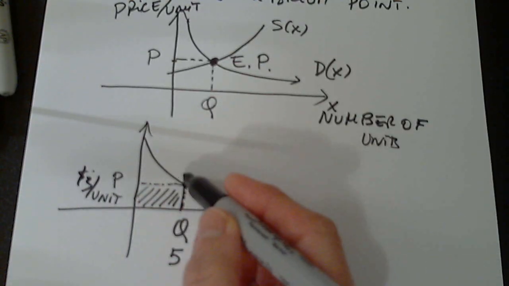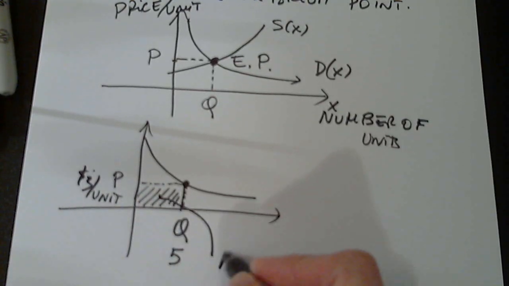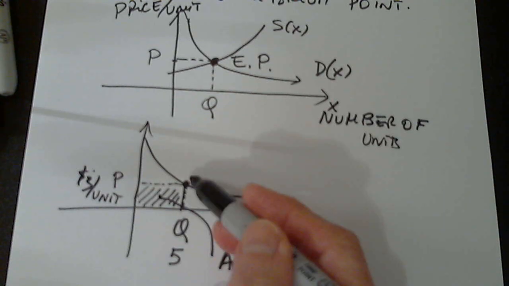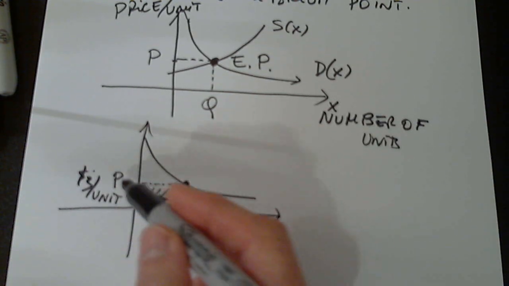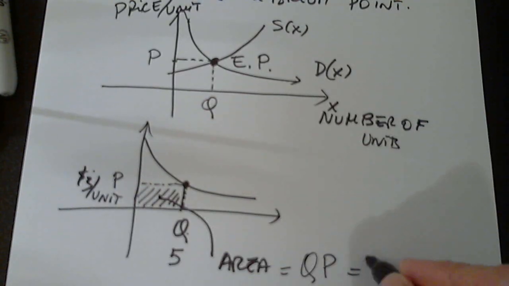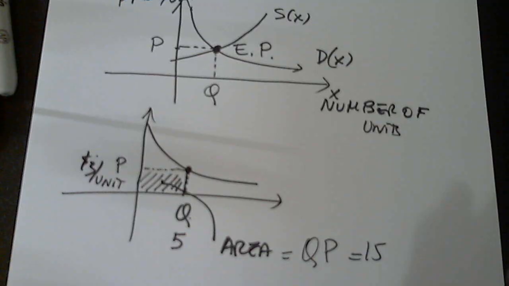Base times height. This is an area. What is this area? Well, base times height. So it's Q times P. In this case, with my examples 5 and 3, it is 15. And this is what I'm going to spend. And this is my expenditure.